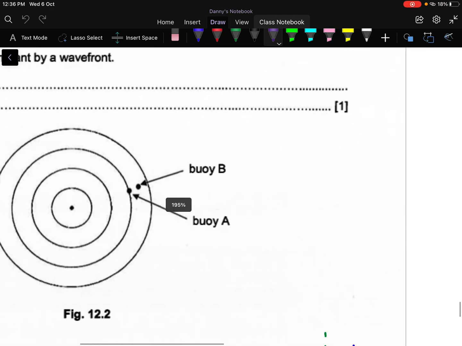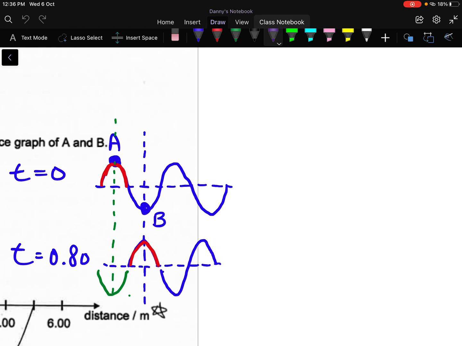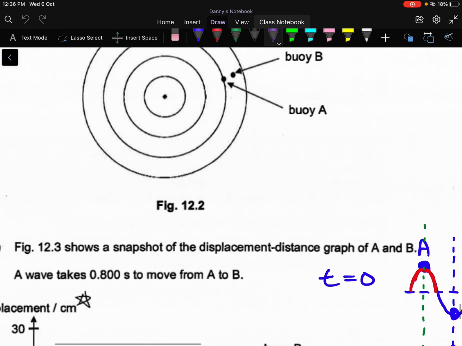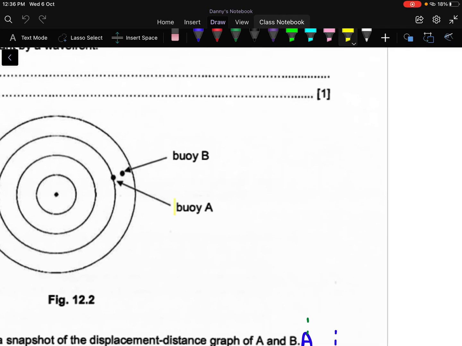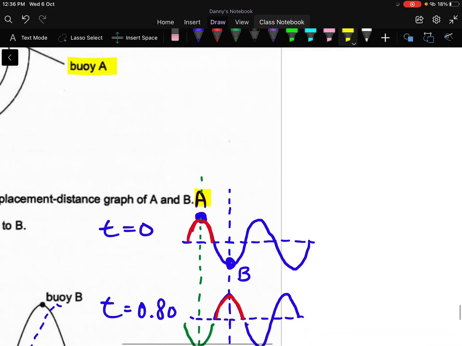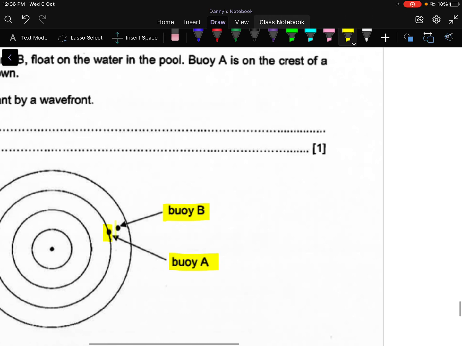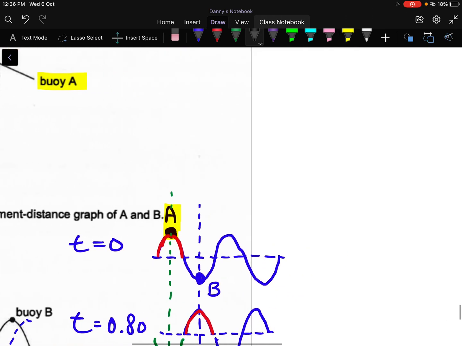Just by looking at this figure, I can say that the profile at the side will look like that, right? At time equals 0, which is the picture taken at this time, you can see that buoy A is on the wavefront, meaning that buoy A is on the crest, and then buoy B is next, in fact in between 2 crests.